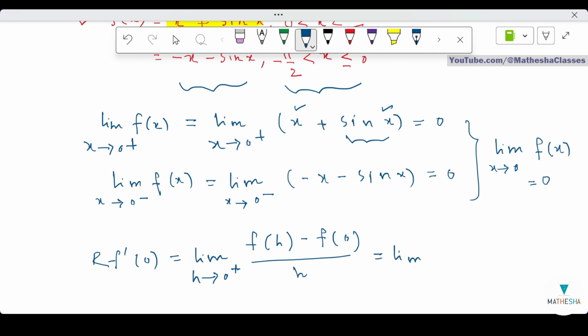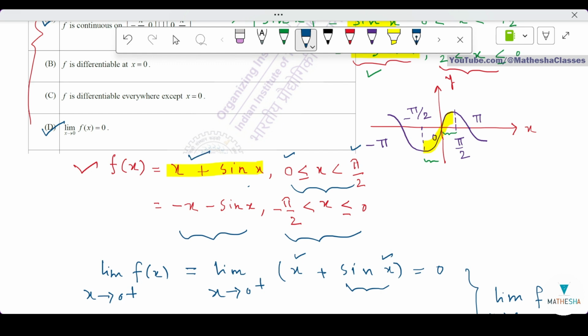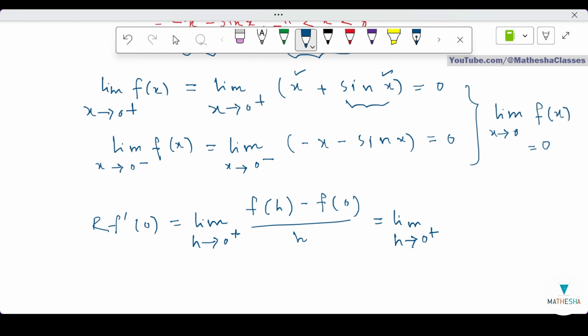Since h is tending to 0 plus, you must consider this expression of f(x), so that will be h plus sin h.